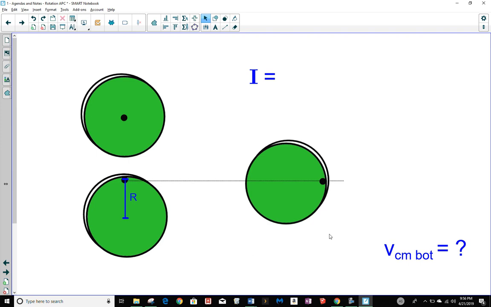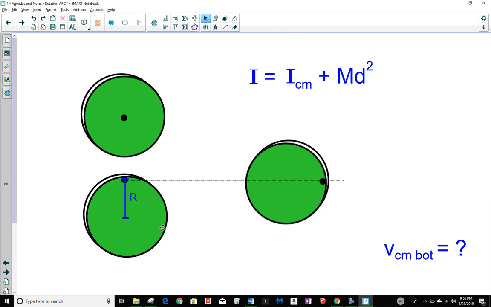So whenever the path is difficult and we're asked for speed, we want to think energy, even in this type of problem. For an energy analysis, we're going to need to know the moment of inertia. So we're going to have to do a little extra step: start with the moment of inertia of our disk, but realize by the parallel axis theorem, if we offset our rotational axis, then we need to account for that by taking the mass of the whole thing times how much you offset it squared and adding that to here.